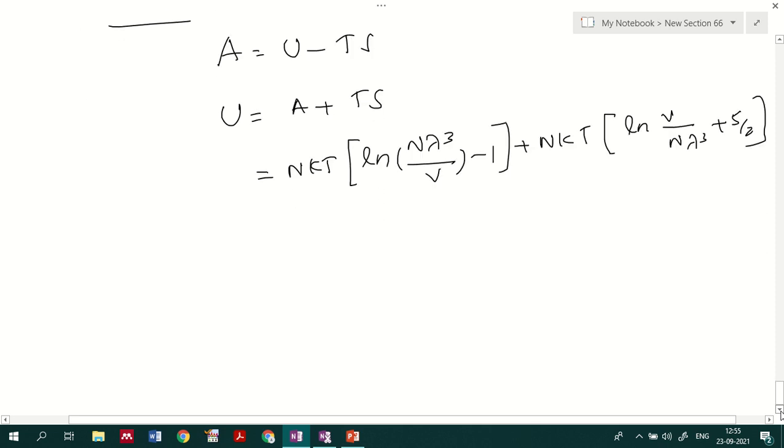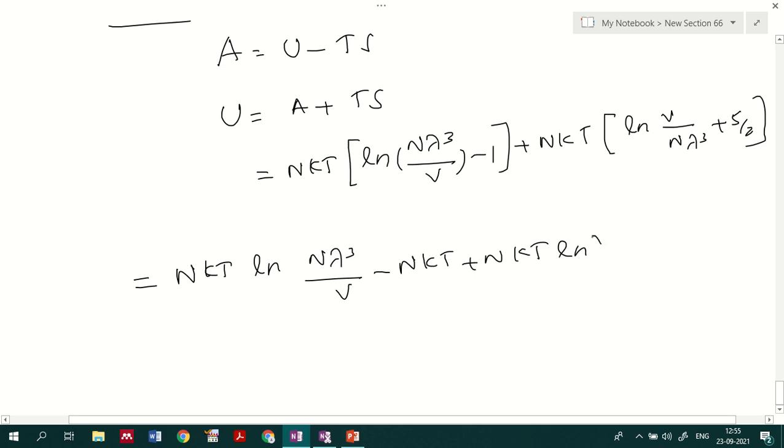From that, if you solve this out, this is nkT ln n lambda cube by v, minus nkT. What I have done is multiply nkT into the bracket, plus nkT ln v by n lambda cube, plus 5 by 2 nkT will be there.